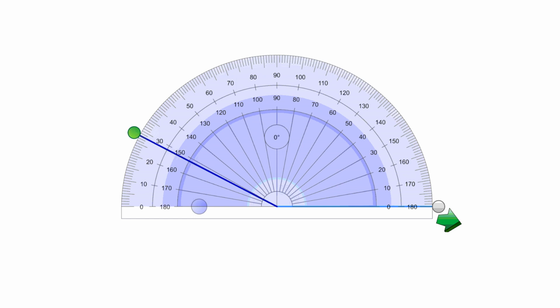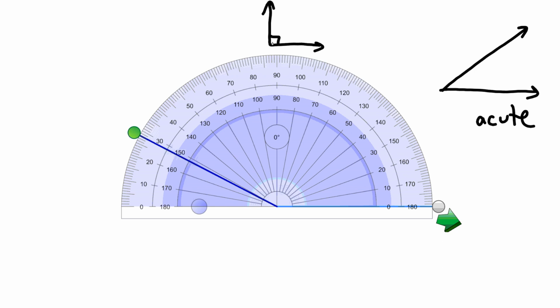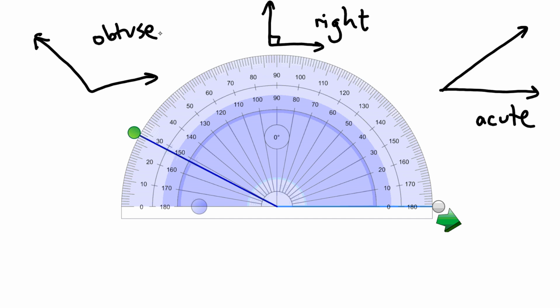So for clarity's sake, angles that have measures less than 90 degrees are called acute. Angles that measure 90 degrees, usually symbolized like that, are called right angles. Angles that measure more than 90 degrees are called obtuse angles.